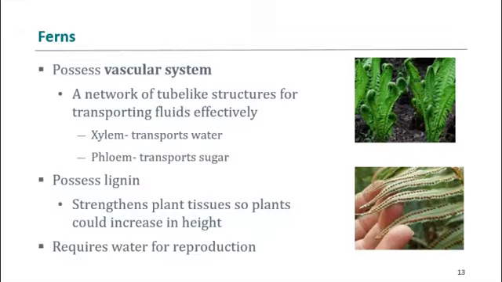They also have lignin. This is a component that's found in their cell walls, and that helps to strengthen their cell walls. So ferns are a lot larger in size than mosses. Ferns get to be about 2 feet tall, let's say, in height. Now, they still require water for reproduction, though.